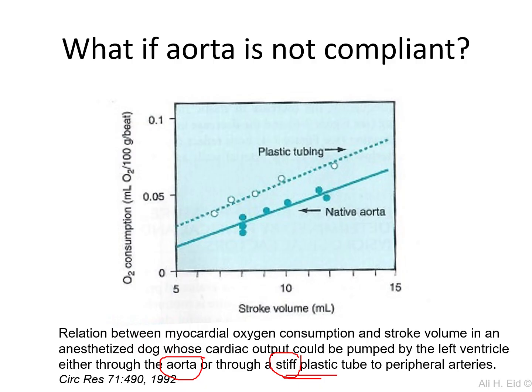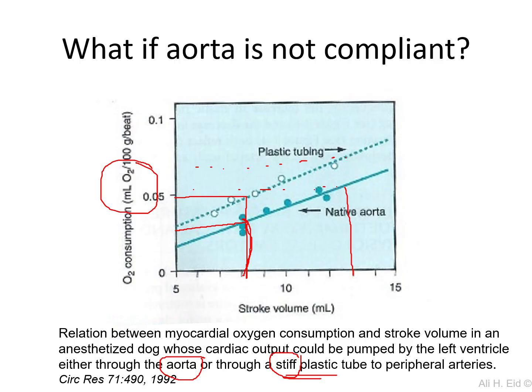For any given stroke volume that you put in, take this number and go up. On the native aorta, that's the oxygen consumption. If you go to the non-compliant, that's the oxygen consumption. Go to this stroke volume, again you project it like that, and for the same thing you're going to have more oxygen consumption.